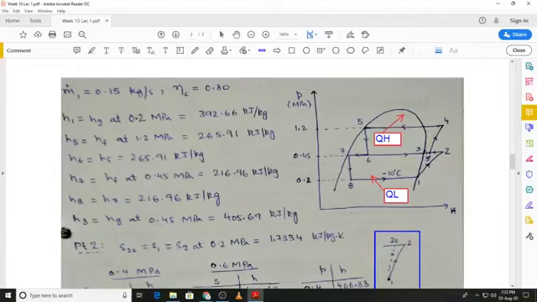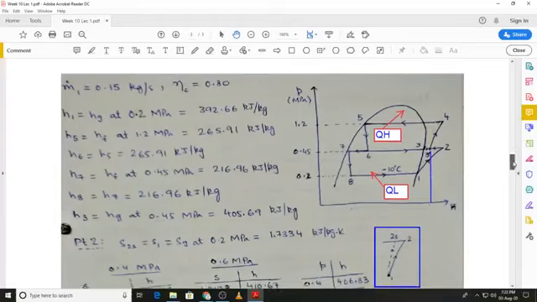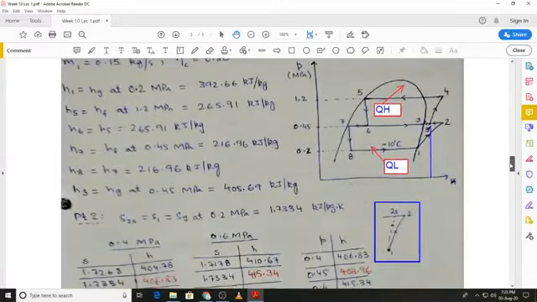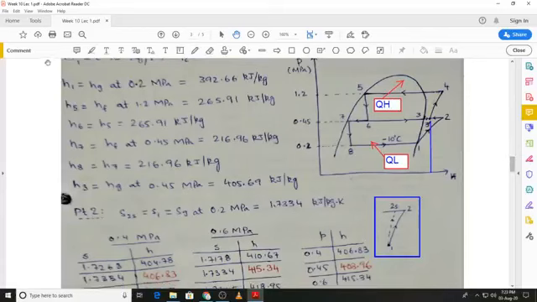So at that particular value we can draw the straight line, and that straight line will then intersect this line 2 3 at a particular point, and that point will be point 3 prime. So this line which I have drawn over here corresponds to that value that we had just found out, that is 411.12 kilojoule per kilogram.